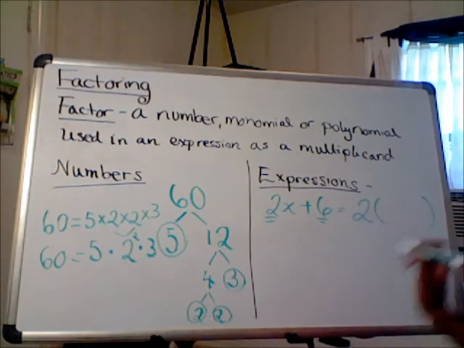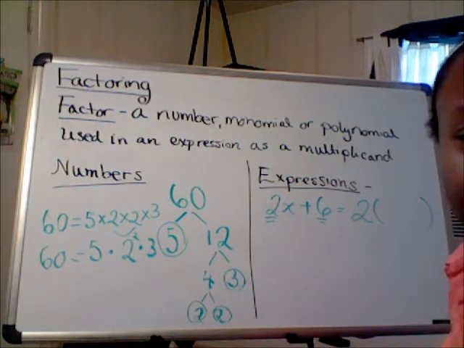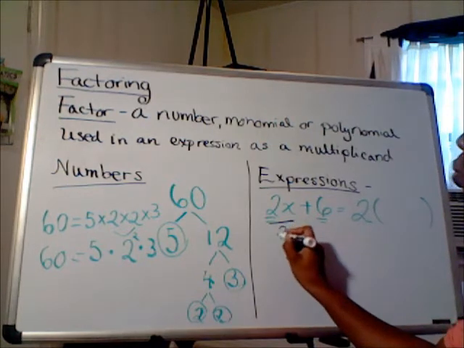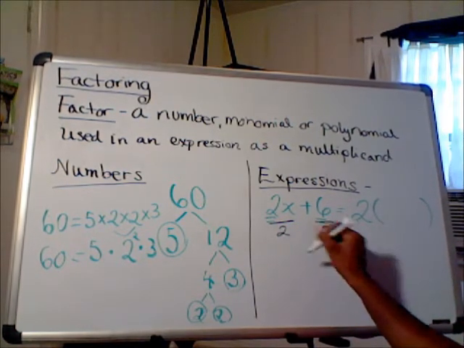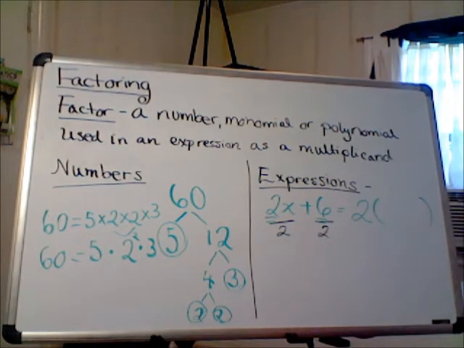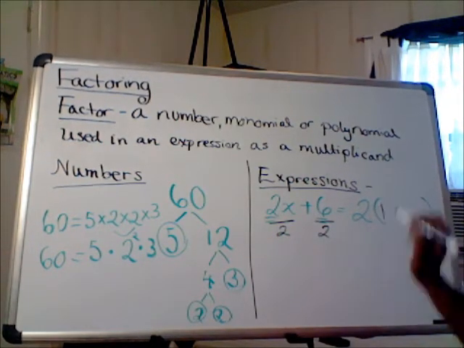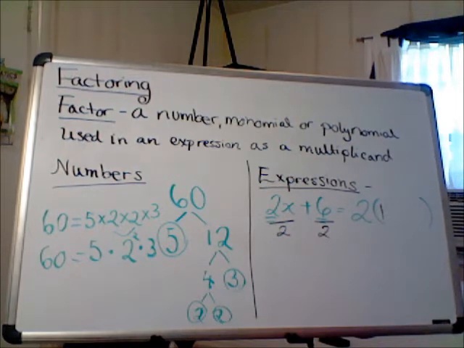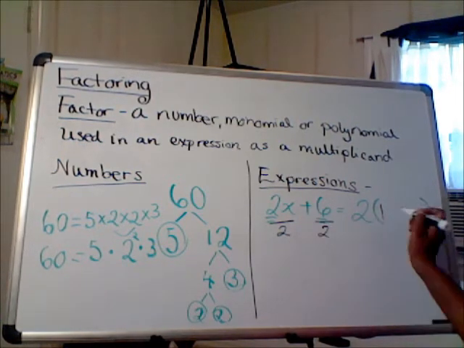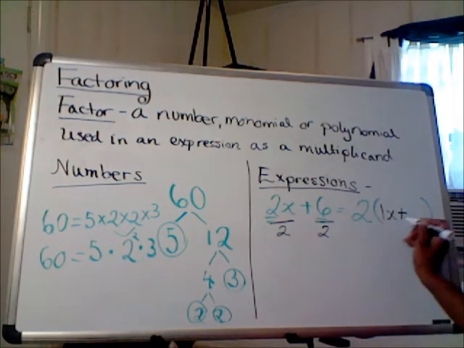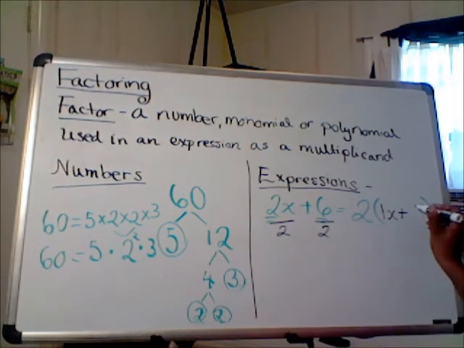So if 2 is their common factor, what will be left after I factor the 2 out? Well, let's find out. If I factor out the 2, that means I'm dividing everything in this expression by 2. 2 divided by 2 gives me 1. So I put whatever's left over inside of the parentheses. And then the x, there's nothing in common with the x, so the x stays there. Plus 6 divided by 2 is 3.